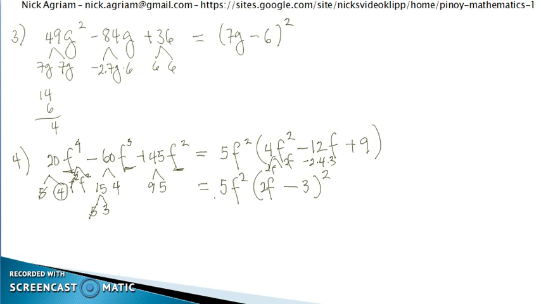Try to multiply them, and if you get the same product as this one, then we have done it right. Always do that when you're factoring, at least at the start of your learning to factor perfect square trinomials.